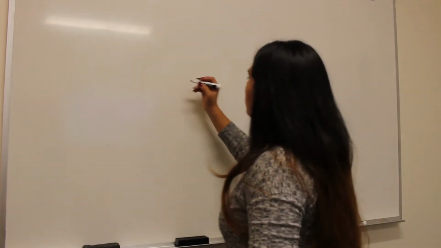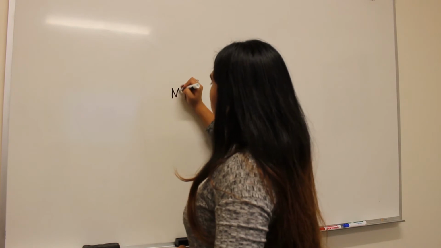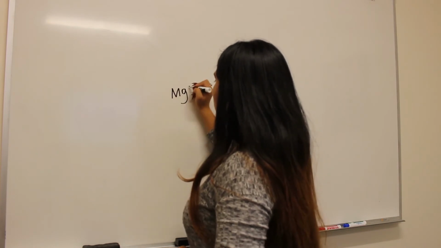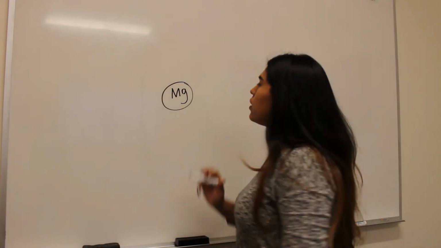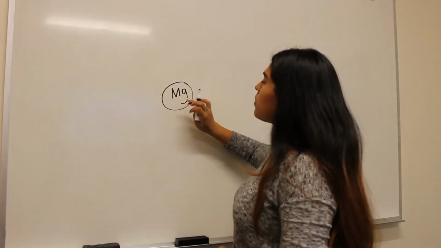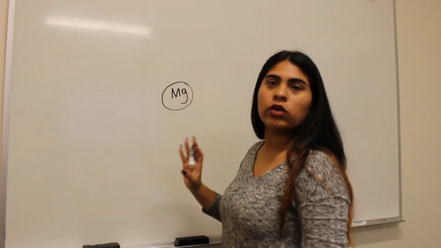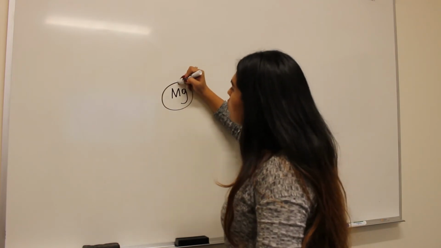I will show you how to do valence shells for magnesium. So magnesium, Mg, has a total of 12 electrons. You will place Mg in the middle and start by filling out each shell individually. The first shell holds 2.